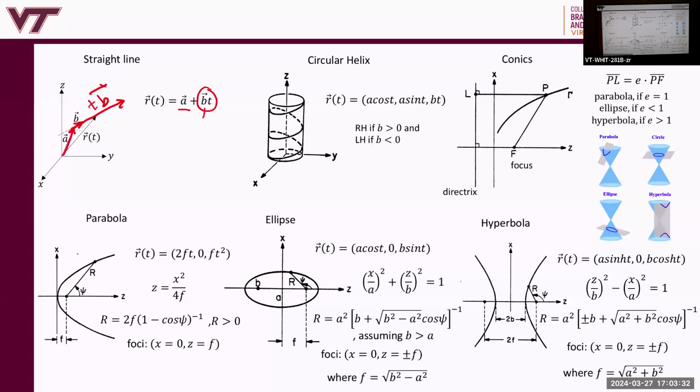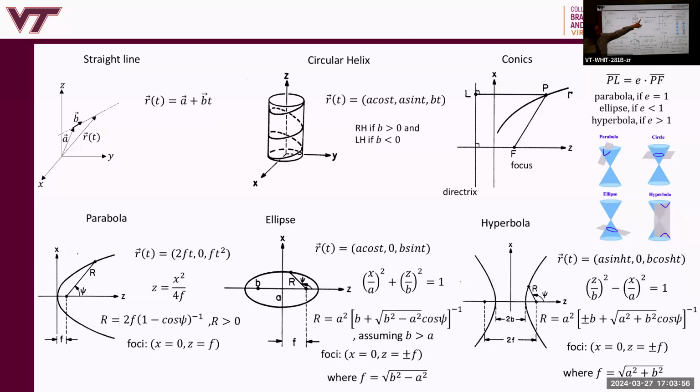Now, if I add these two, then here's the r of t. When you add these two, it's a plus b times t. So as I vary t over some interval, it traces out the entire line. Everybody understand that? Very nice.